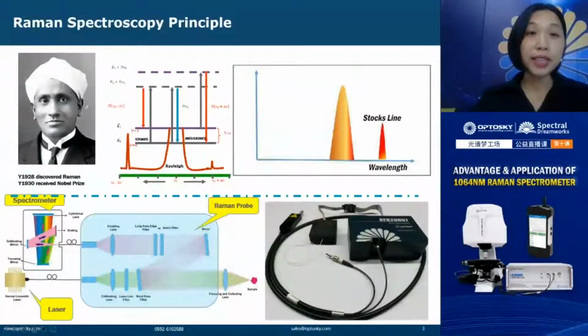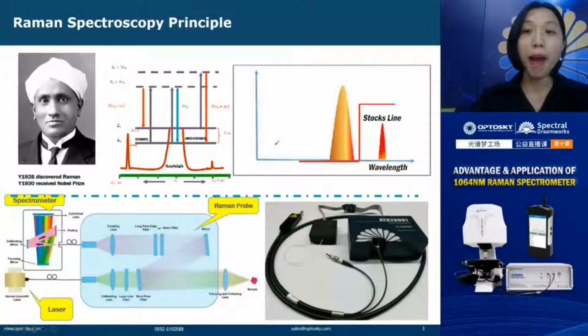This sketch vividly explains the Raman spectroscopy principle, and we focus on the Stokes lines and anti-Stokes lines to make analysis with the Raman spectrometers.